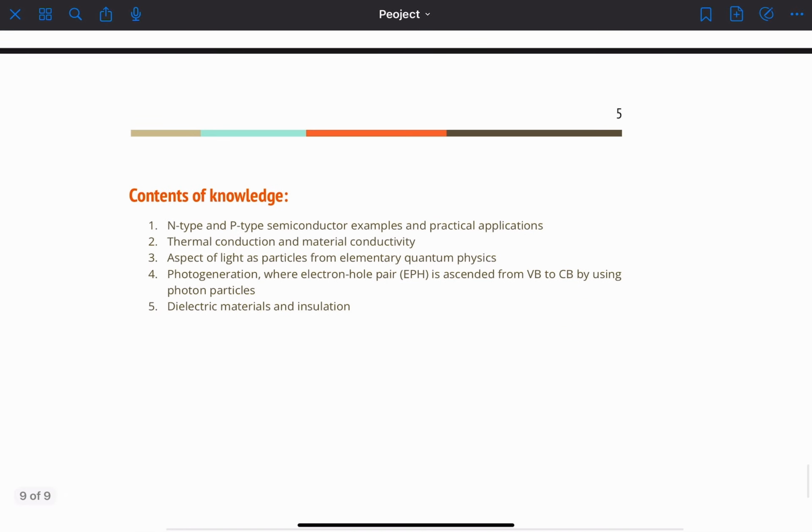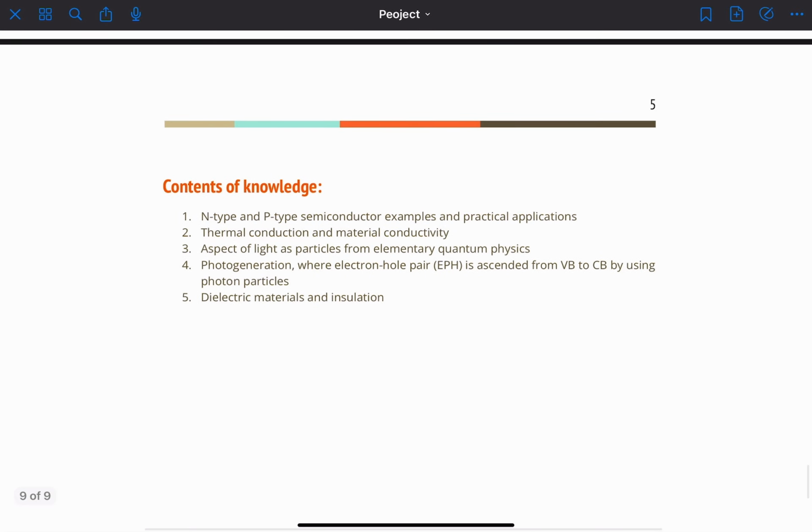So finally, I would like to sum up the contents of knowledge I've been using. The first one is the N-type and P-type semiconductor examples and practical applications. Next is the thermal conduction and material conductivity, and also the aspect of light as a particle from elementary quantum physics, as I articulated at the solar cell part.